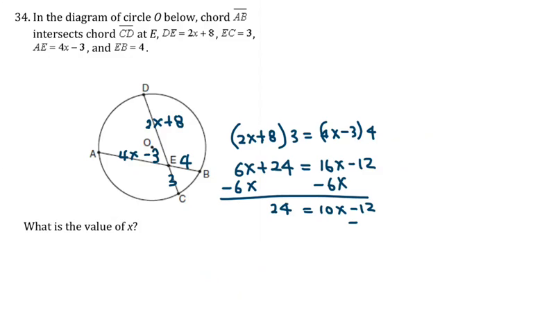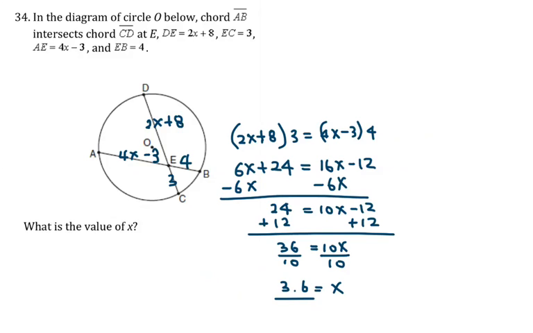So adding 12 on each side once again, we get 10X is equal to 36. So when you divide by 10 on each side, you see that X must be equal to 3.6. So that becomes our final answer.